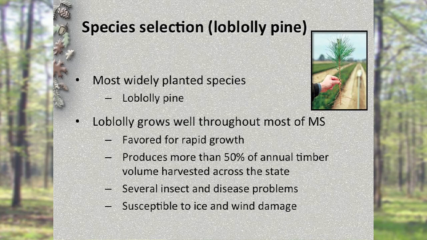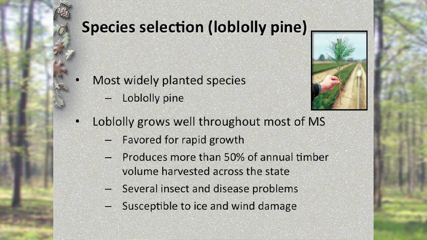The most widely planted species of these is the loblolly pine. This is because the greatest amount of genetic work has gone on in that particular species. And it has also shown very rapid growth rates and does a good job against insects and diseases. So loblolly grows well throughout the majority of Mississippi, with the exception of areas that may have high pH soils or wet soils.